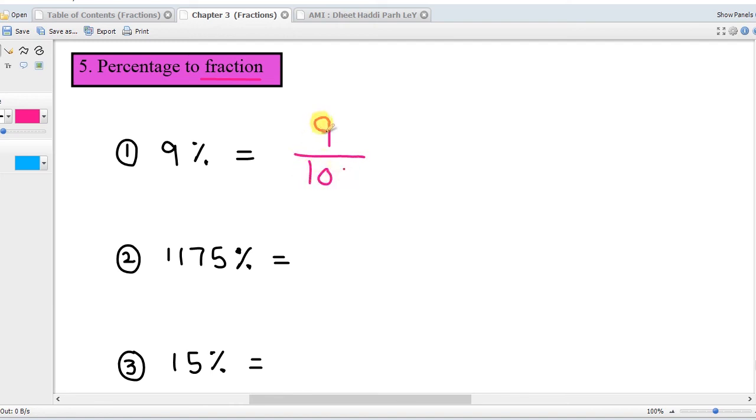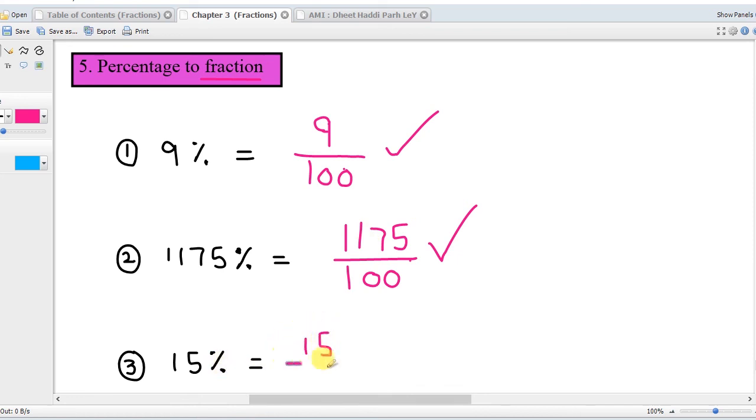So we have successfully converted the percentage value into the fraction. Simple. This is 1175. Per means divide, and cent means 100%. So this is our final answer. Got it? Similarly here, 15%. So this will become 15 over 100. Easy.